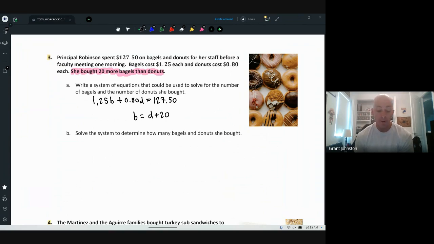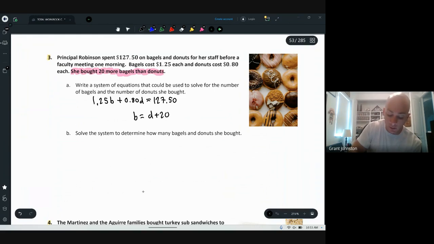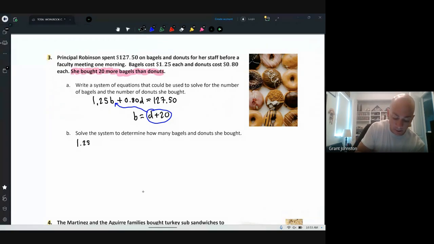So here we go. We have it. So how I'm going to solve this is by substitution, because one of the equations is solved for the variable. It says bagels equals donuts plus 20. So I can take the D plus 20, which is B, and plug it in for B. So I'm going to have 1.25 times D plus 20. Let me write that in blue just so it's more clear.